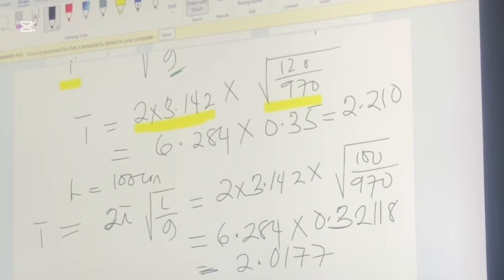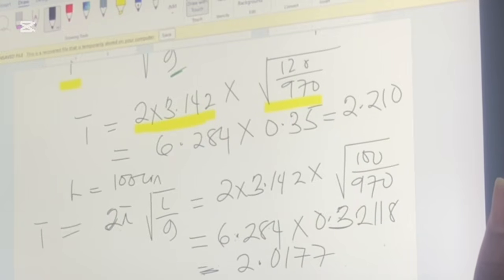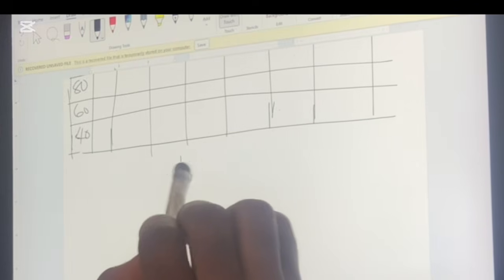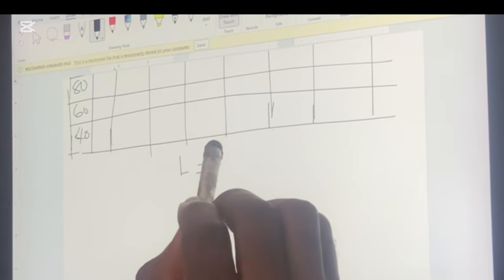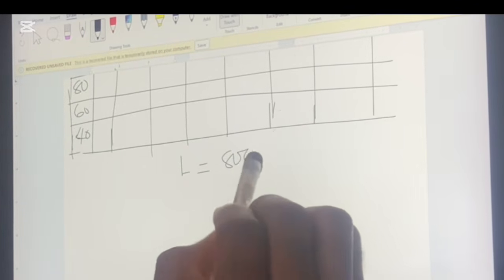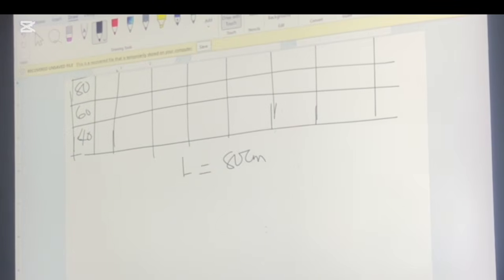Okay, now let's solve when L is equal to 80 cm from the table.